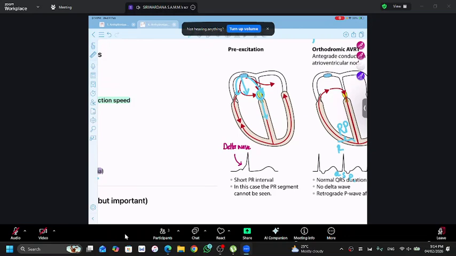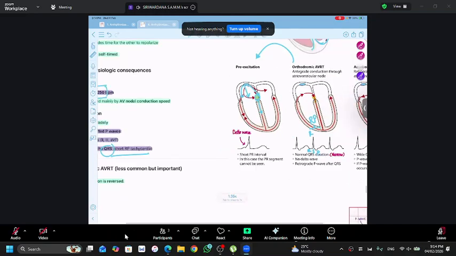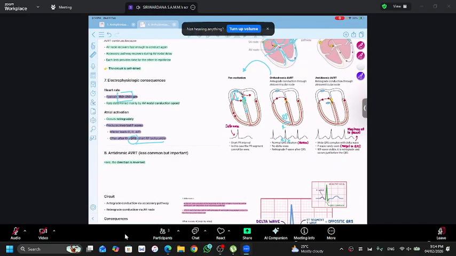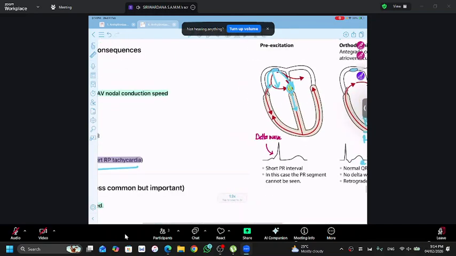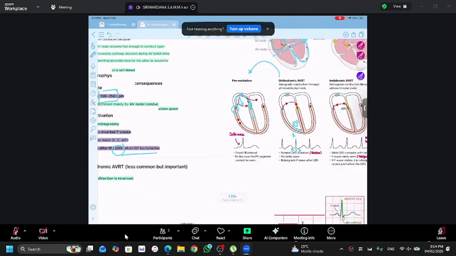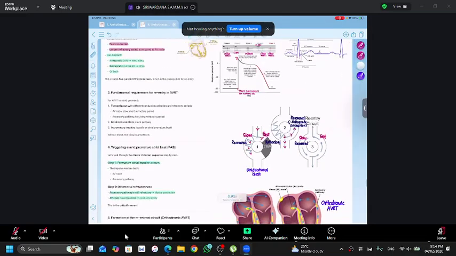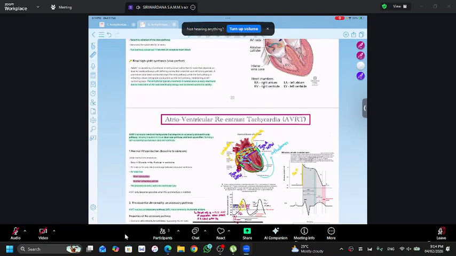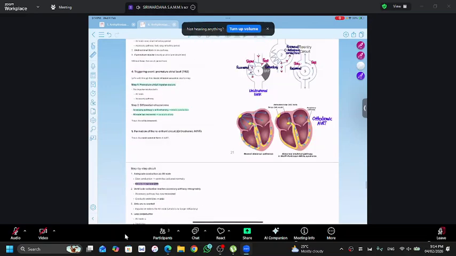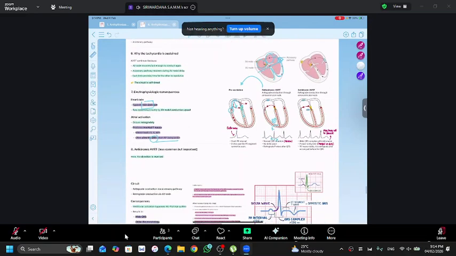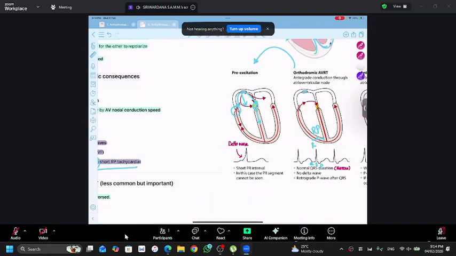What happens here is something like this. How can I explain this? The AV node has slow conduction, so that is conducting.